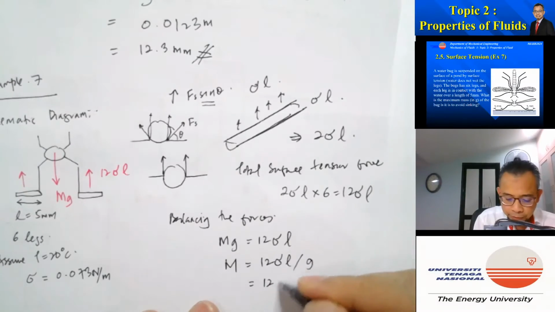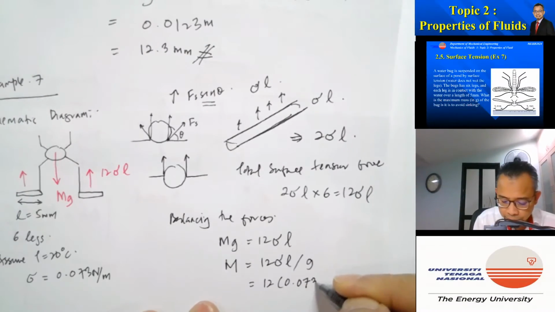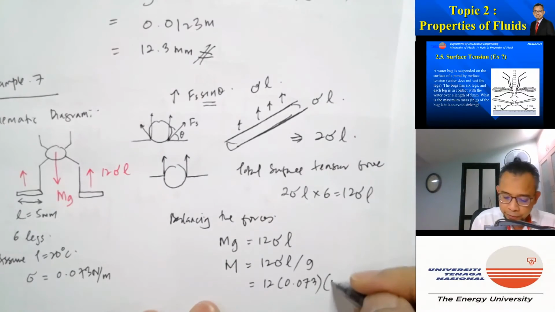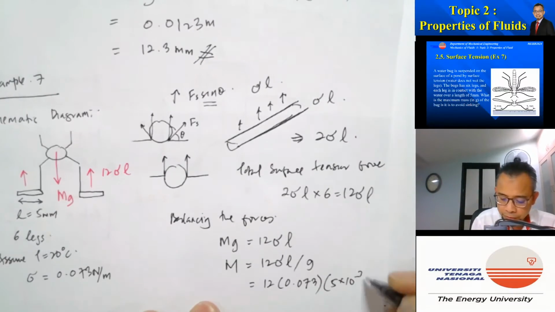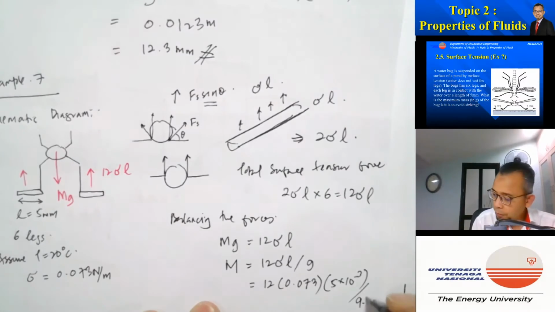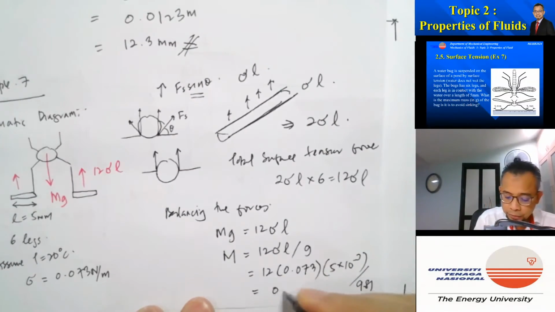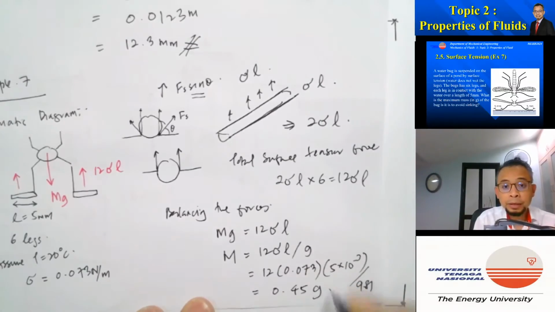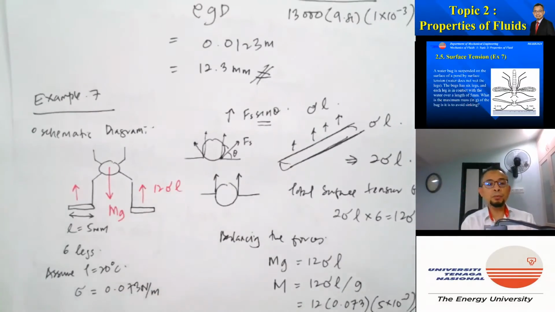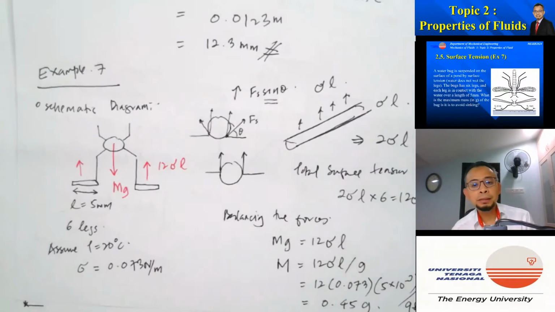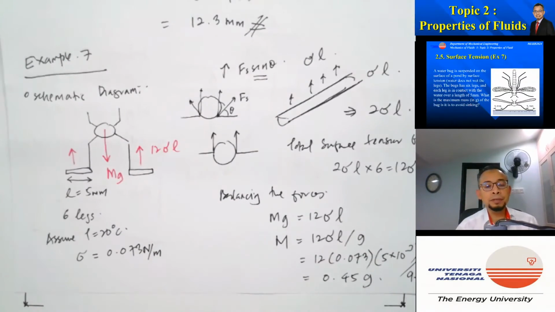That's 12 times 0.073 times the length, 5 times 10 to the minus 3, divided by 9.81. That gives me 0.45 gram. So the maximum weight of the bug is 0.45 gram. Bigger than that, it will sink.